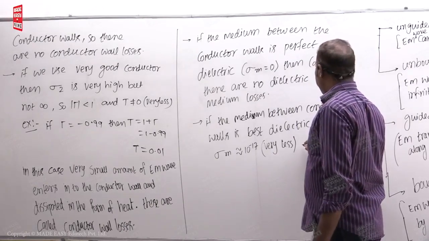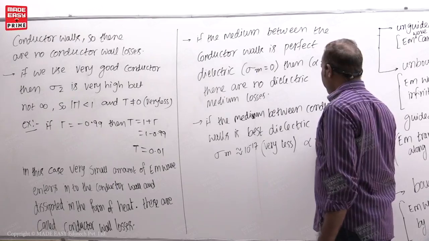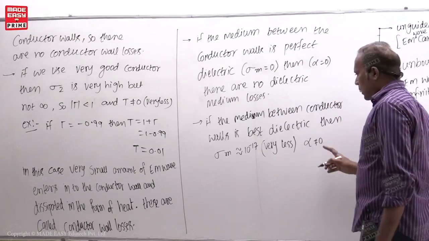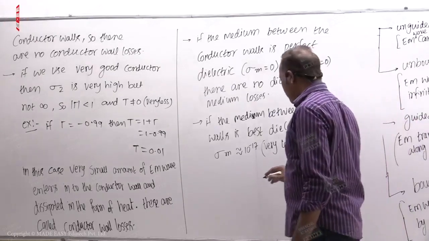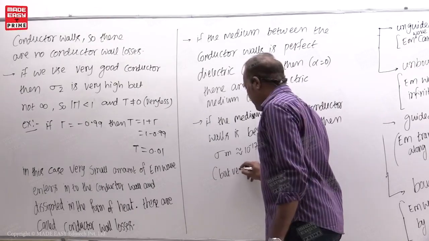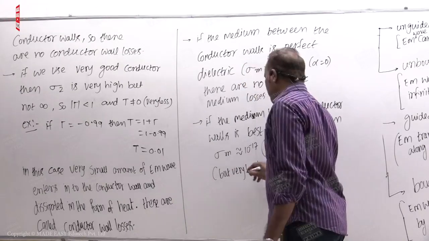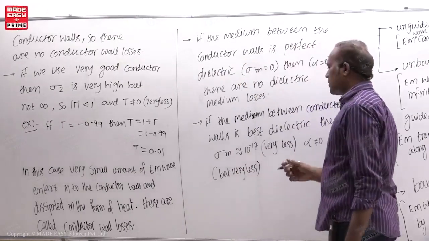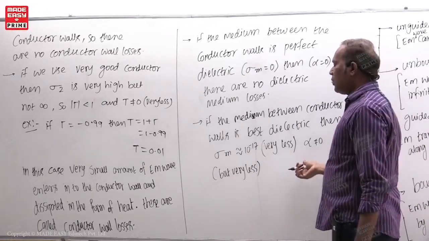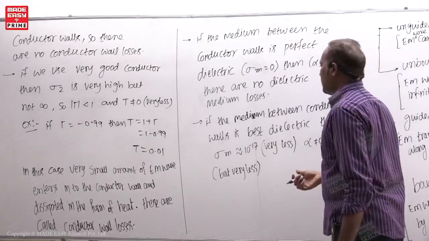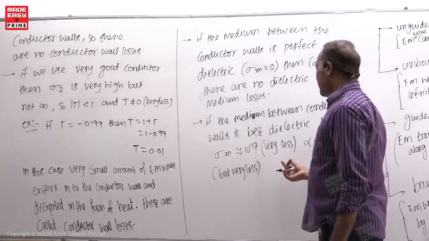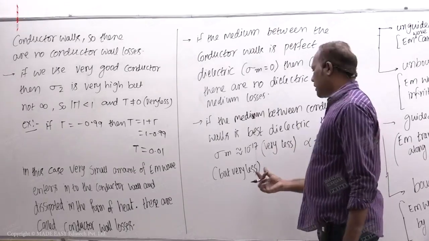Then alpha is not 0 but very small. That is also because if sigma is very small, alpha is also very small. This you have seen in the uniform plane wave chapter. Already we have discussed this in the uniform plane wave chapter. So if the medium between conductor walls is the best dielectric, then sigma of the medium is not 0 but very small. Alpha is also not 0 but very small.